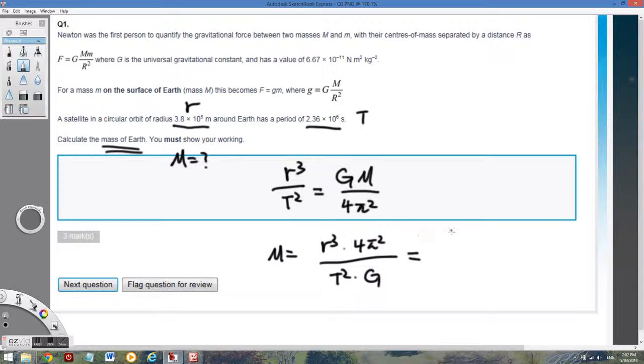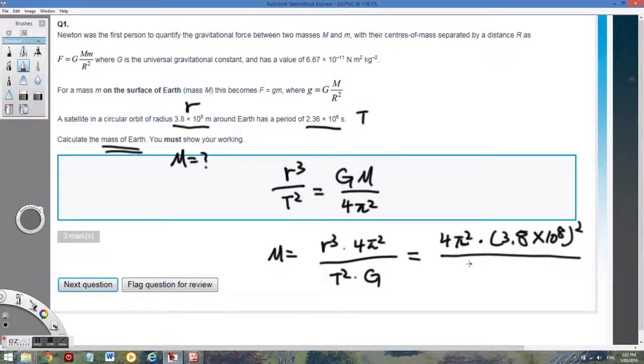So 4 pi squared times the radius. Now, always check whether the radius is from the center of the Earth, because sometimes they give you a height. If they give you an altitude, you need to change it to a radius.